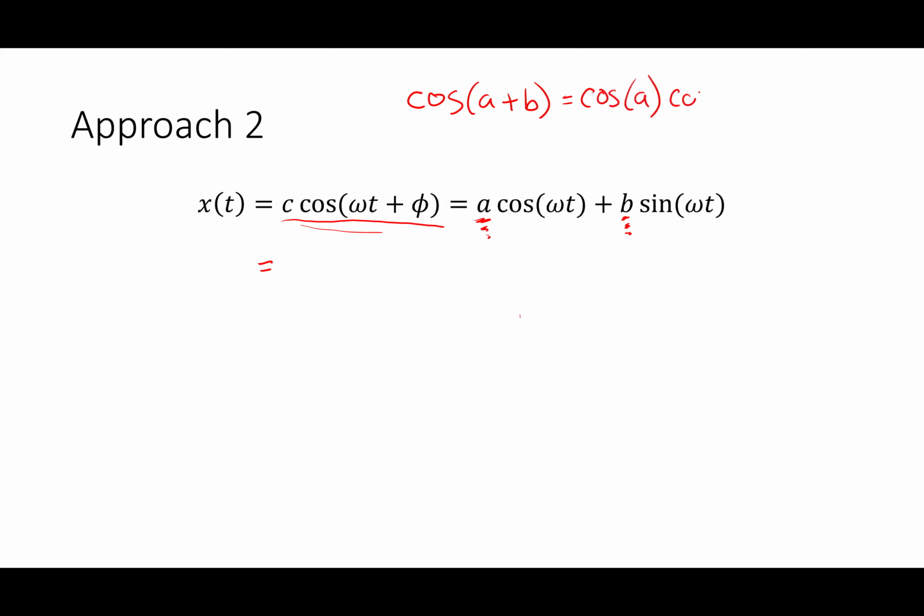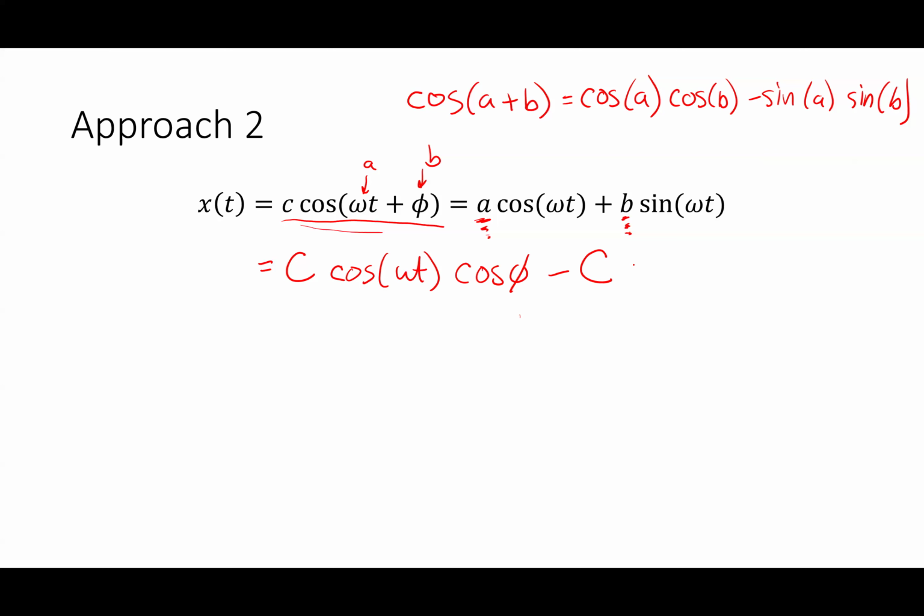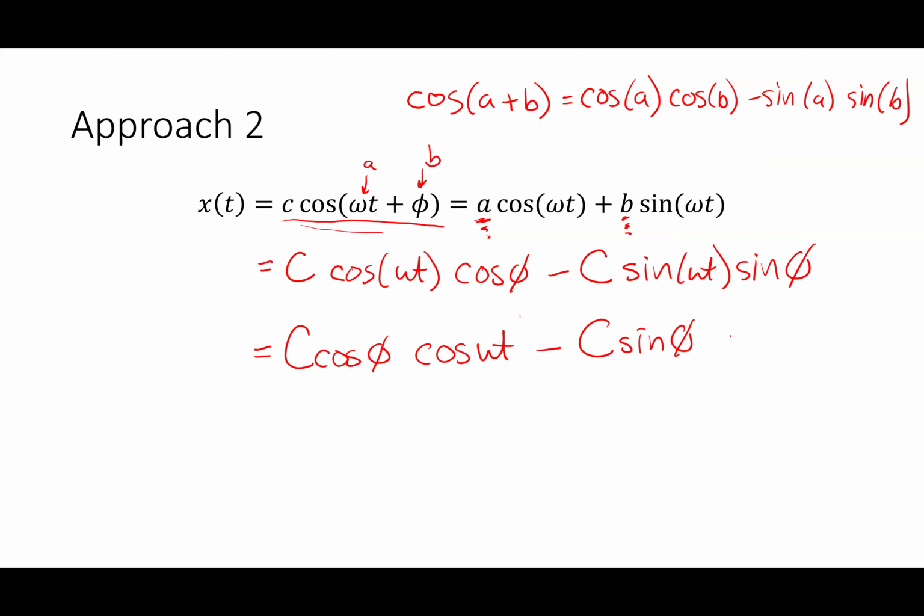Yeah, cosine A cosine B minus sine A sine B. So if I applied that here, this would be A, this would be B, and this becomes C cosine omega t cosine phi minus C sine omega t sine phi. I rearrange that a little to become C cosine phi cosine omega t minus C sine phi sine omega t.